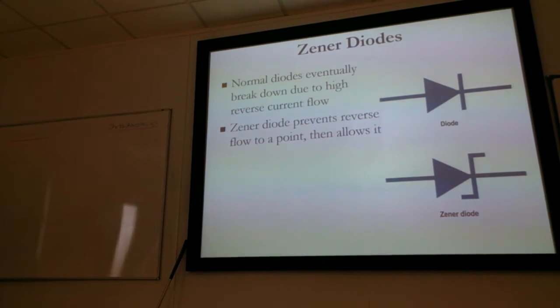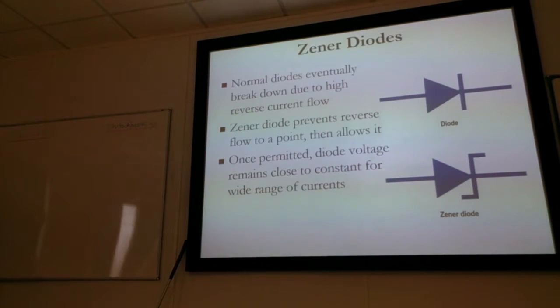And once it's allowed the reverse flow, the diode voltage remains close to constant for a wide range of currents, which means it's ideal to be used as a voltage stabilizer. So a Zener diode is a voltage stabilizer. Symbol for it is the same as a diode, but with a stylized sort of Z on it. Okay, that's a Zener diode.